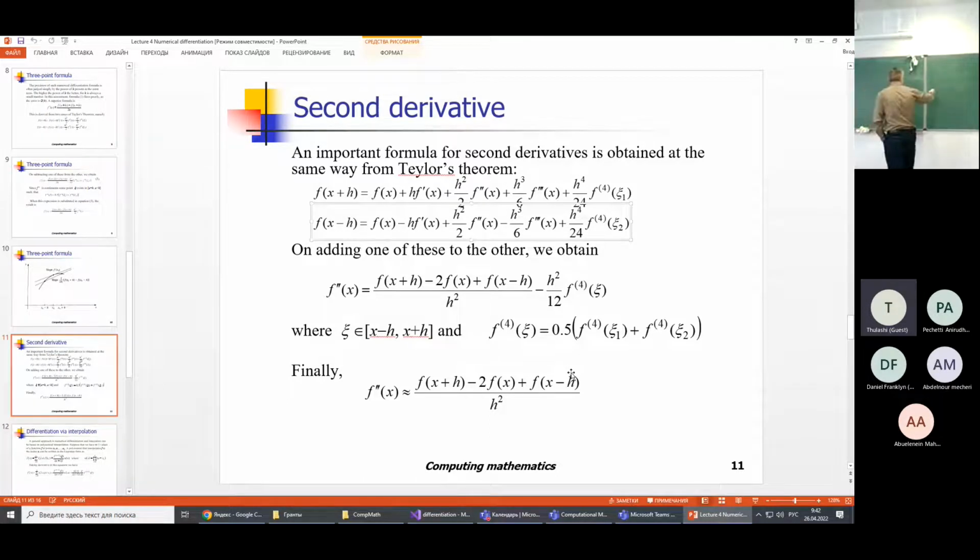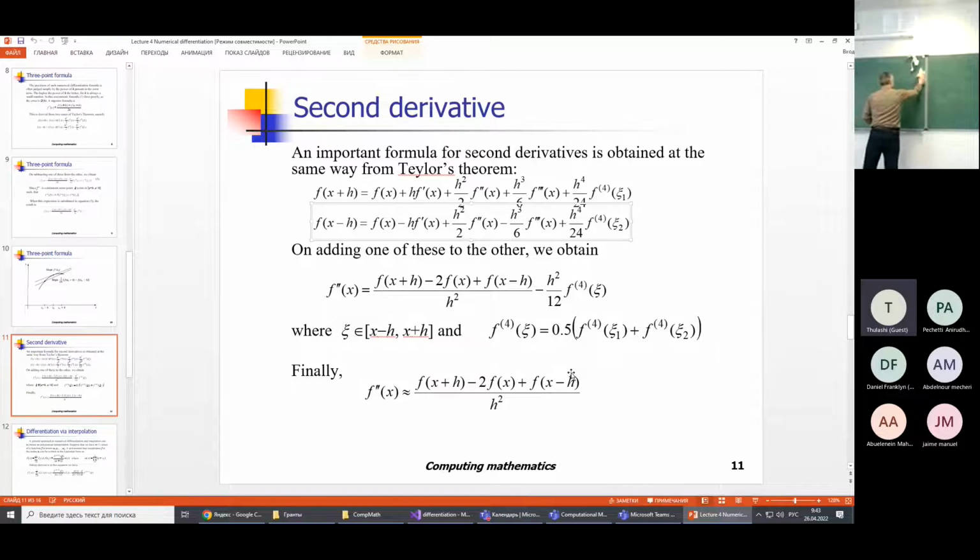Again, let me just rewrite this formula on the board to compare these formulas. Numerical differentiation, f double prime. The second derivative at the point x approximately equals f of x plus h minus 2 f of x plus f of x minus h over h squared.